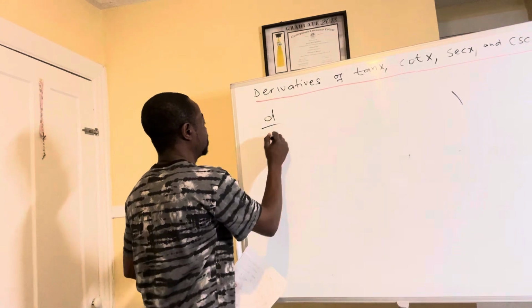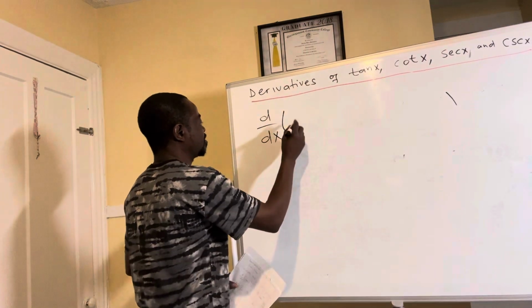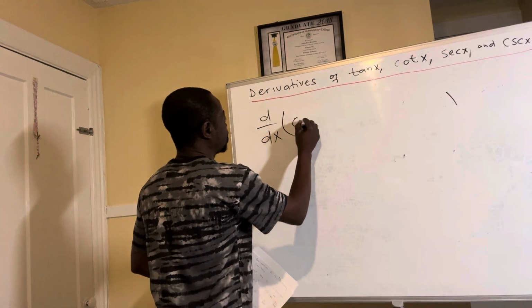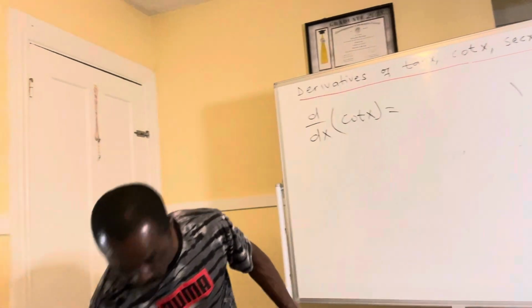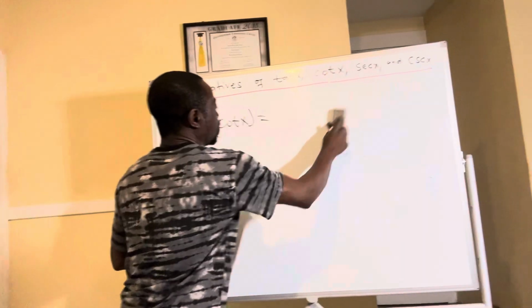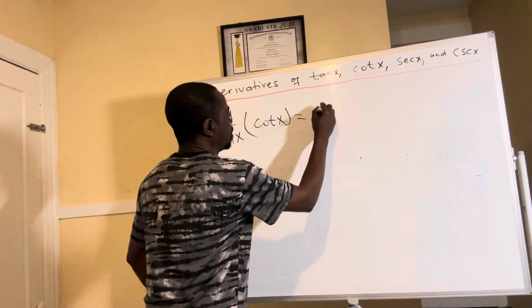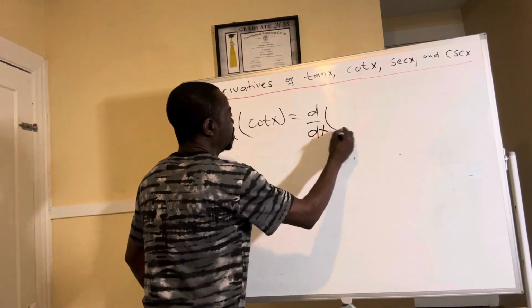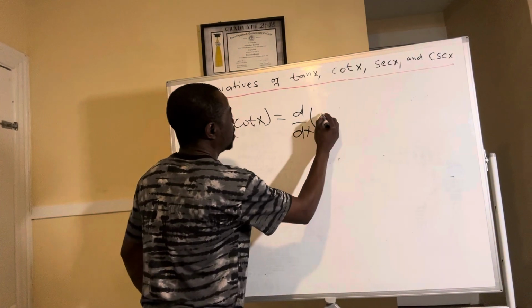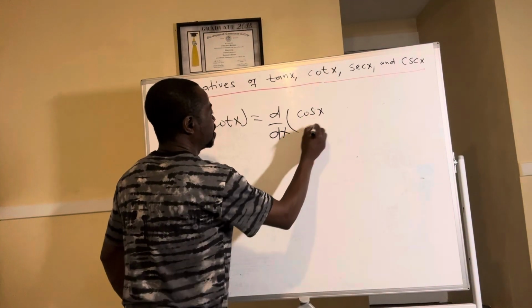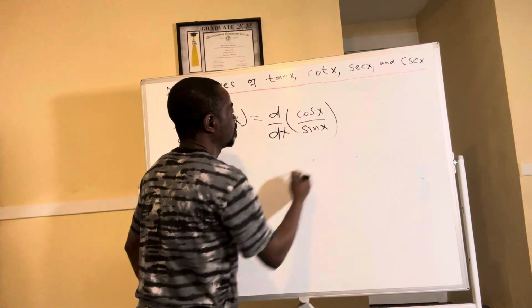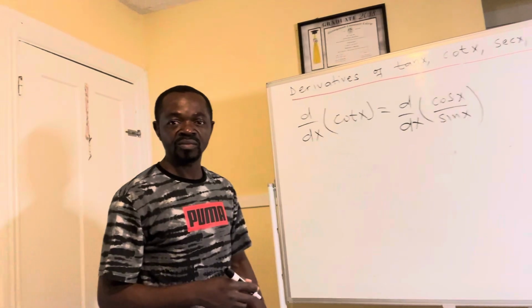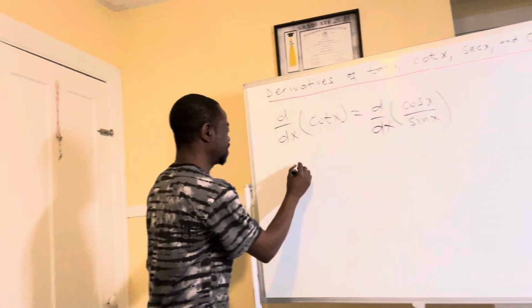So let me take it here. d/dx of cot of x, which is the same thing as d/dx of cos of x all over sine of x. So let's now take the derivative.